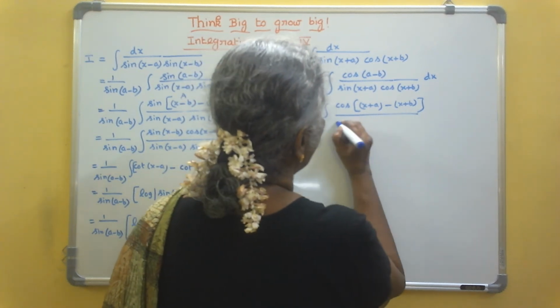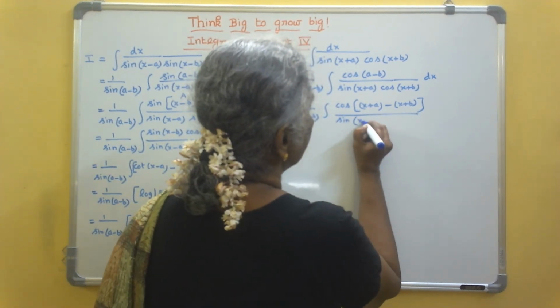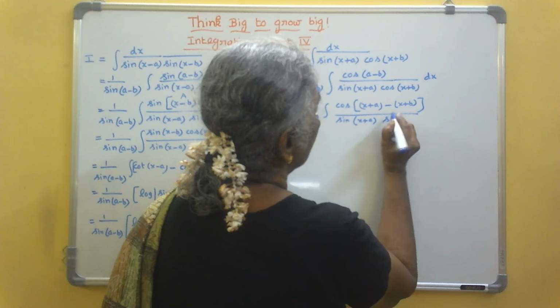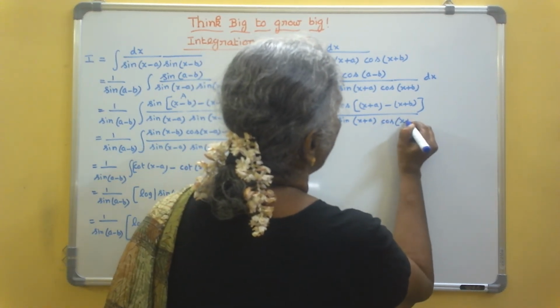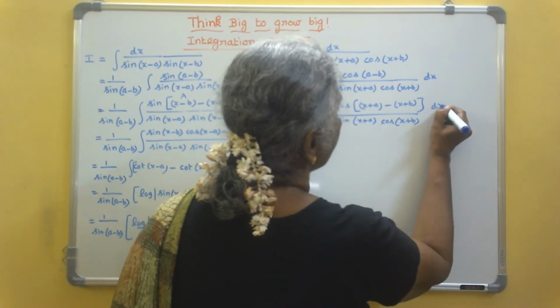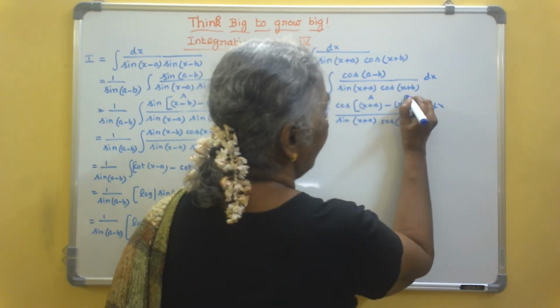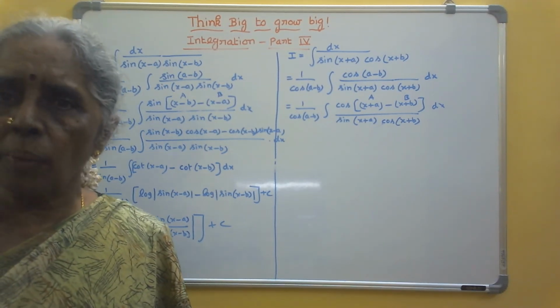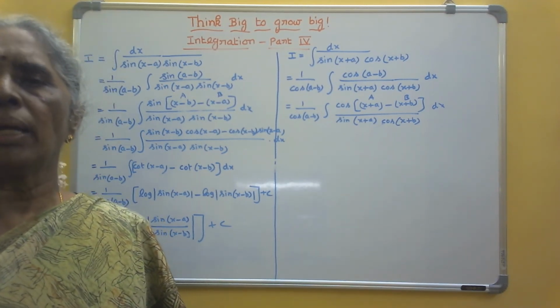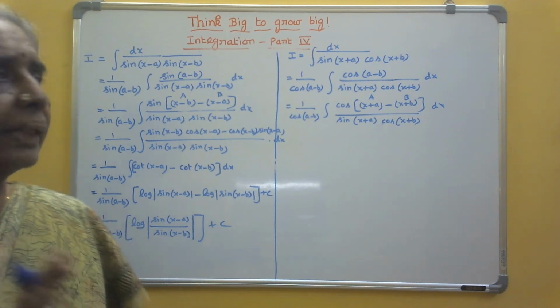Write the denominator as it is, sine of x plus a, cos of x plus b dx. Now treat this as A and B. So now you get cos of A minus B. What is the formula? Cos A cos B plus sin A sin B.